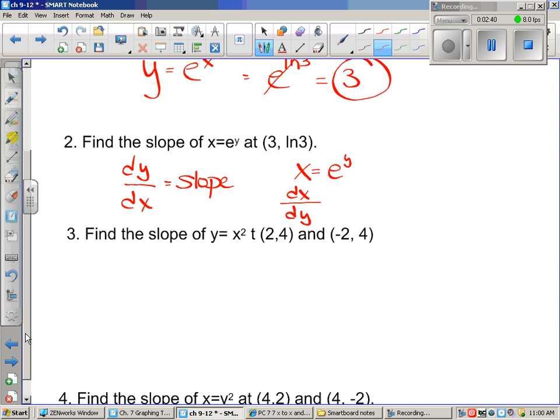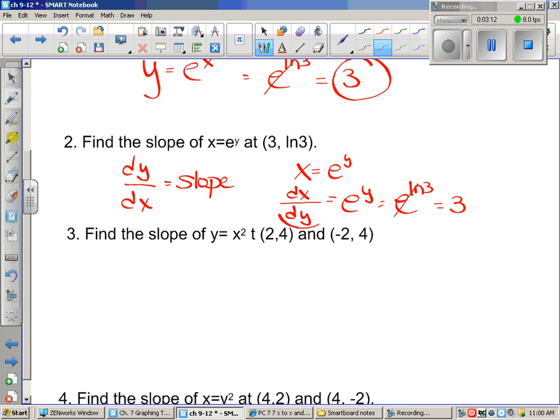When you find the slope of this, because this says x equals, you're doing the derivative of x with respect to y. See the y on the right-hand side? And so it's still e to the y. When you plug in the value for y and we get the answer, let's just do that real quick. That would be e to the, and what is the y value here in this question? ln 3. And we solve and we get 3.